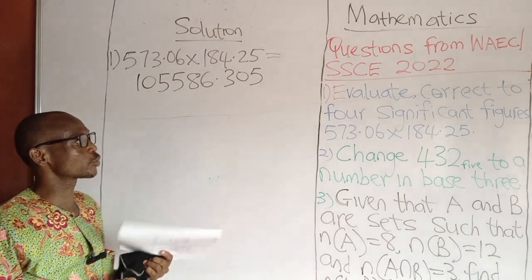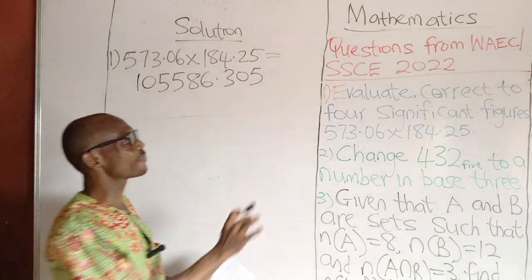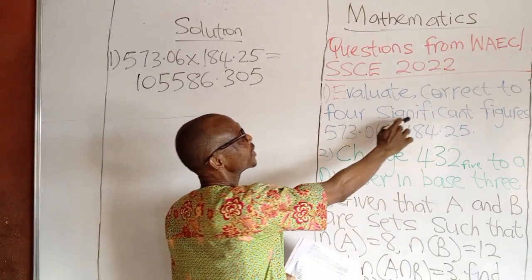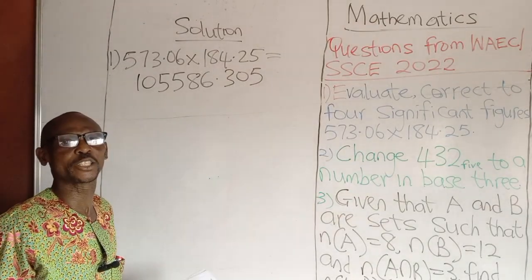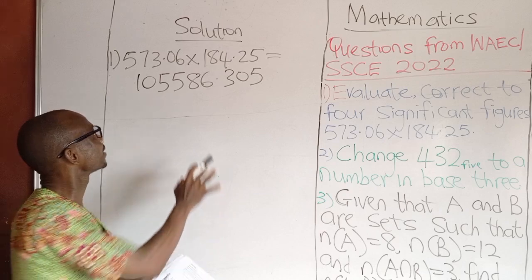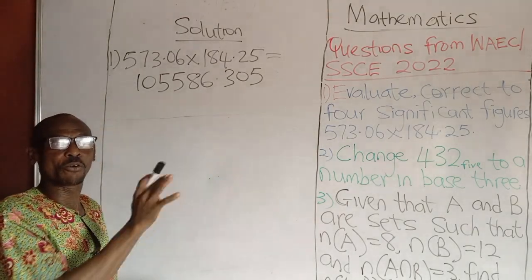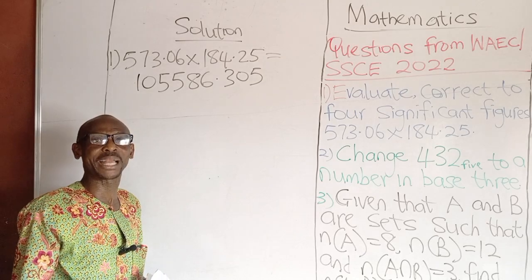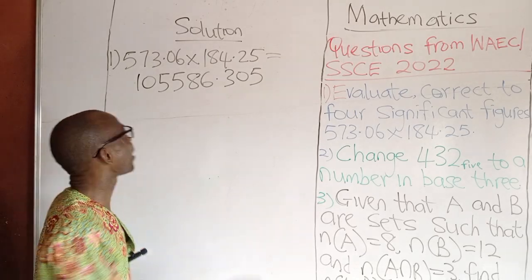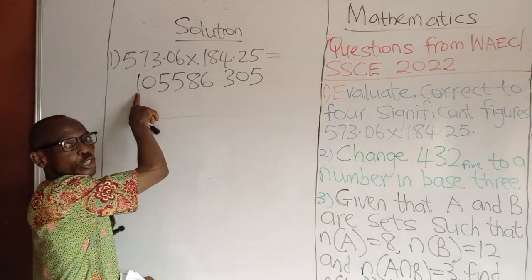But now the question says what? You should leave this answer in 4 significant figures. This is actually the basic thing that they are testing you on, to know how you can approximate values to significant figures. Our significant figures normally start to count from our first non-zero digit.